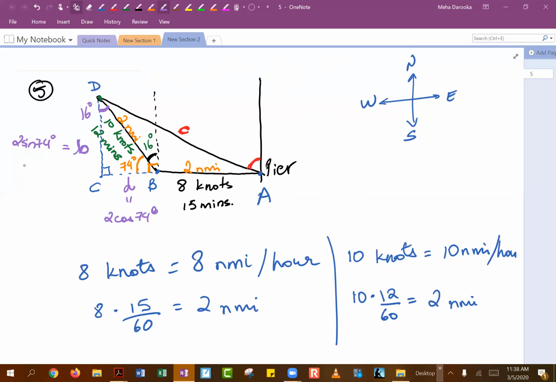So it's not 8 knots, because it's actually 2 nautical miles plus the 2 cosine of 74 degrees. That's your entire distance for the AC side. Our distance for CD is, of course, 2 times sine of 74. So we should be able to use those.